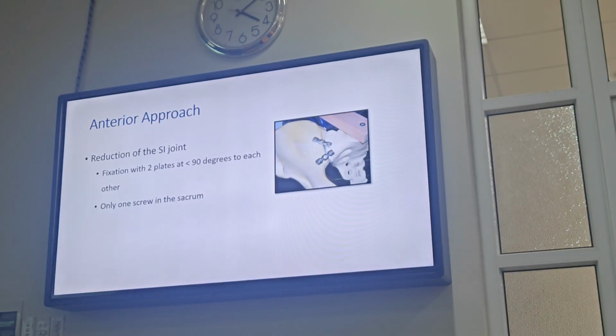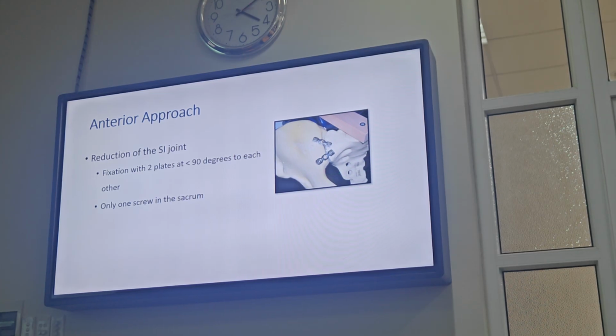So in this, if you see, one plate is put down and the other one is put up. If you want to put in plates for the vertical shear, you put in one plate here, lower down, and then you put in the other plate like this on the top.